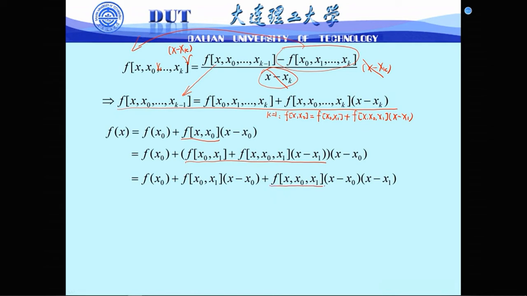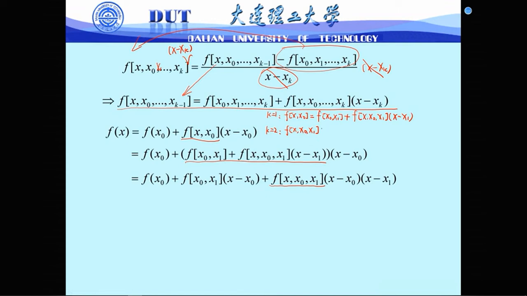Then continue. We consider this term with x, x0, x1. So for this general term, we consider the case when k equal to 2, and use the formula again. The left side is f[x, x0, x1]. It's okay, because now k equal to 2, 2 minus 1 is 1, so 3 nodes: x, x0, and x1.